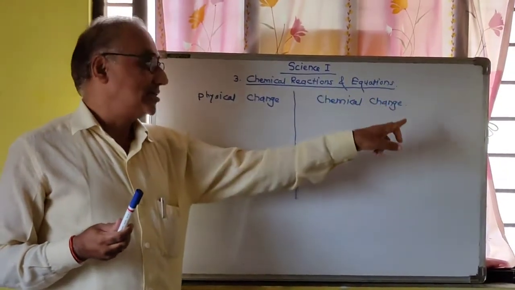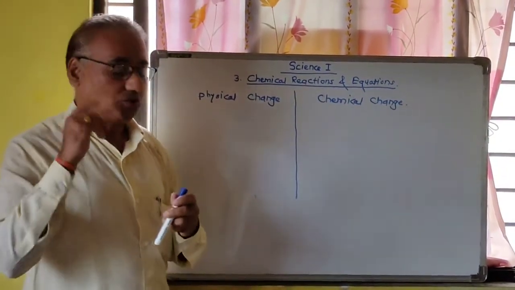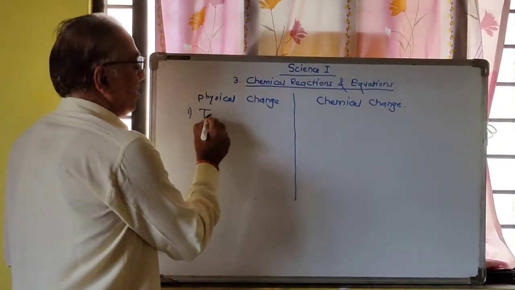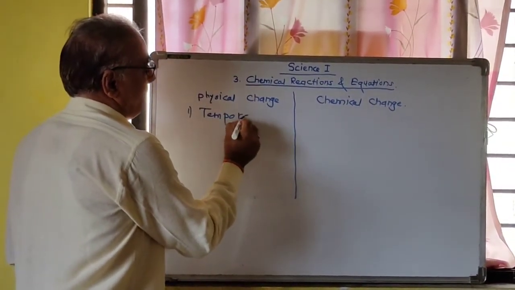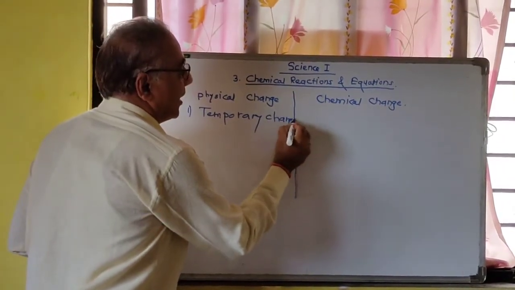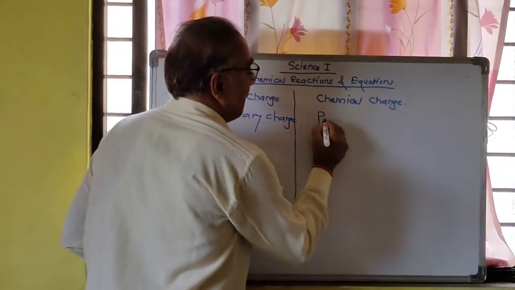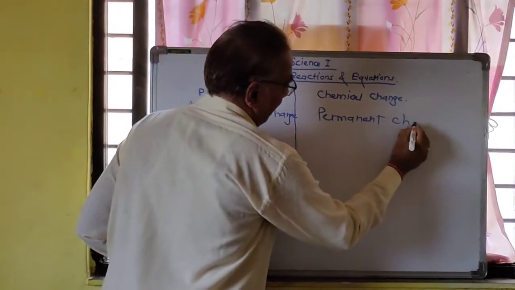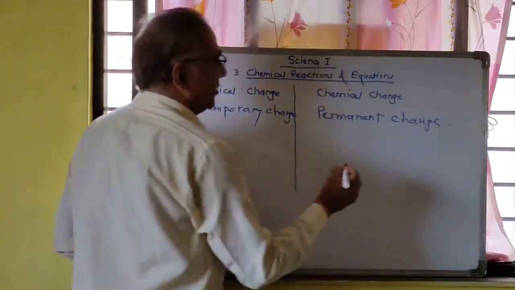We say that it is a chemical change. From these two examples, we say that a physical change is a temporary change, and a chemical change is a permanent change.